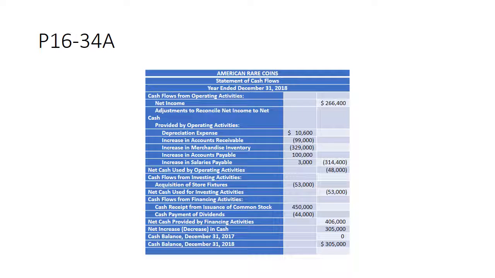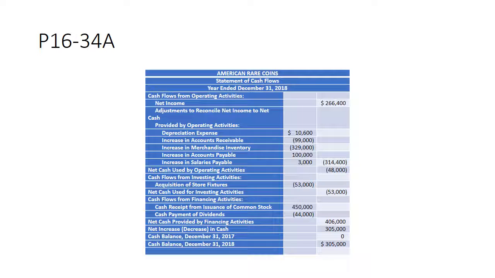So we're done with the income statement. Everything else on there isn't a non-cash item. Now let's look at our balance sheet. We ignore the cash account because that's what we're proving here. How do we get that $305,000 in it? So the first thing we do is we ask ourselves, accounts receivable, the current asset, did that increase or decrease? Well, it increased. It started at 0, and over the year it increased to $99,000.